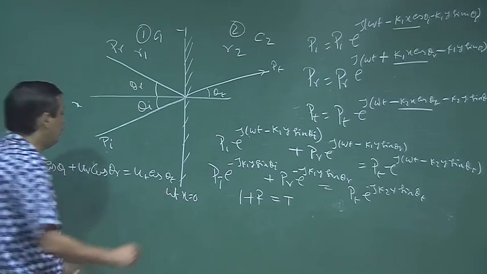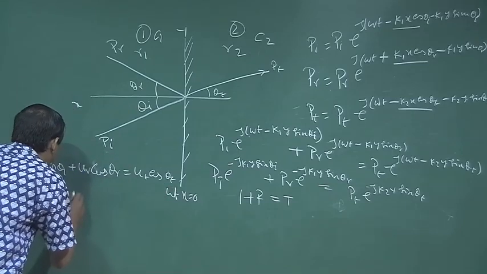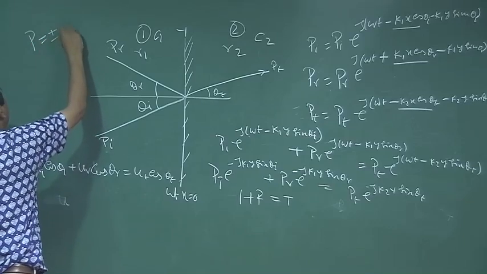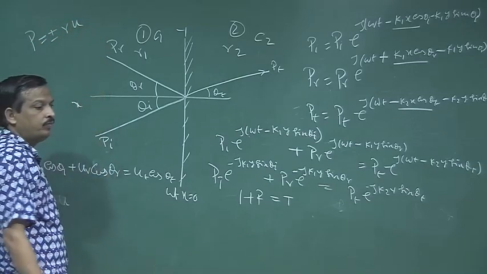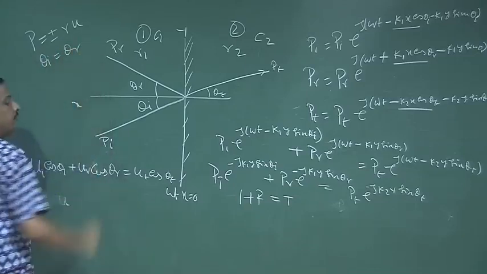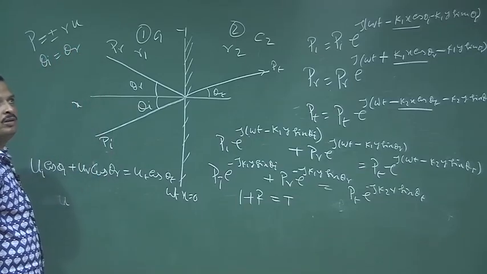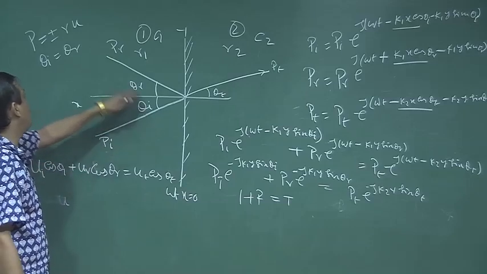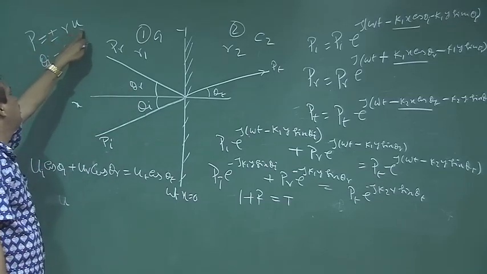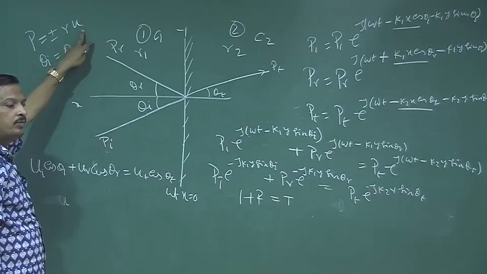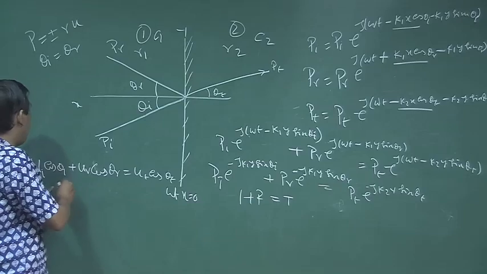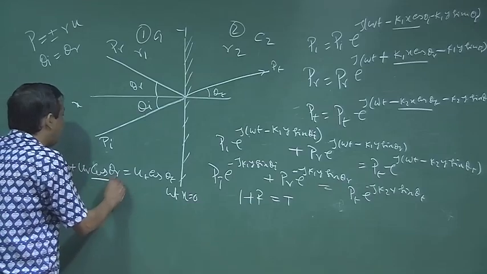Okay. Now, you know the relationship between p and u is plus or minus r into u, and theta i is equal to theta r. These two things I know: the angle of incidence is equal to the angle of reflection, and p is equal to plus or minus r times u. So, sin theta i is equal to sin theta r, and cos theta i is equal to cos theta r.